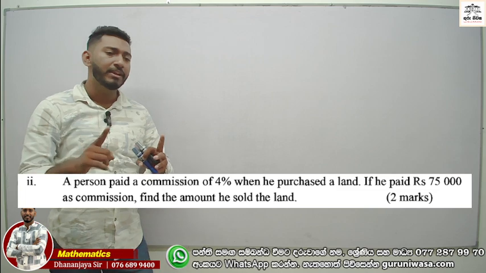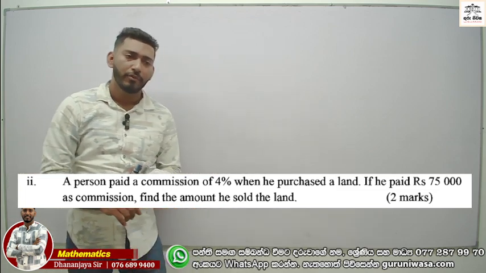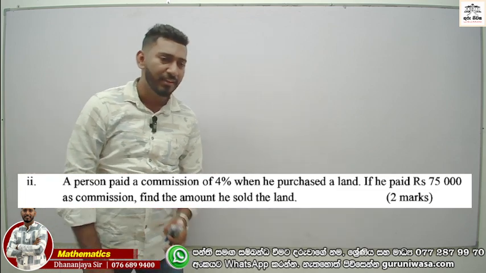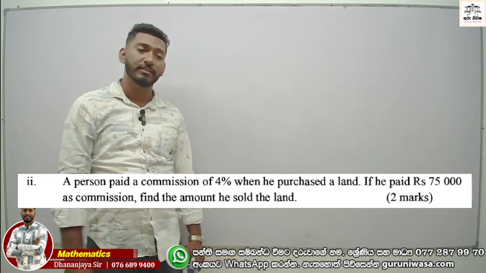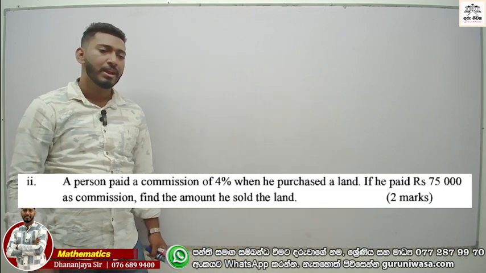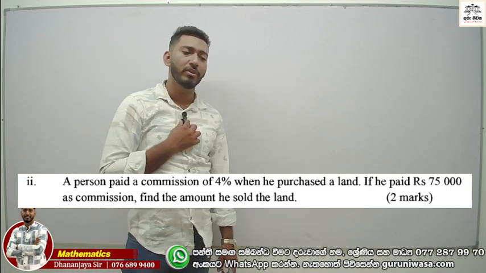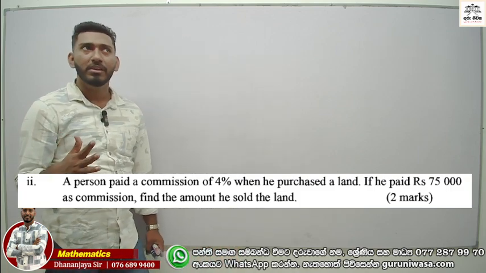A person paid a commission of 5% when he purchased land. If he paid 75,000 as a commission, now find the amount he sold the land for.